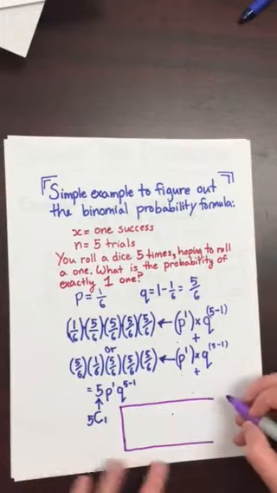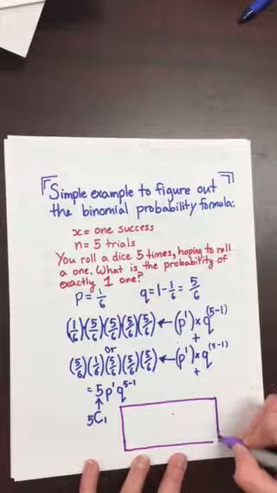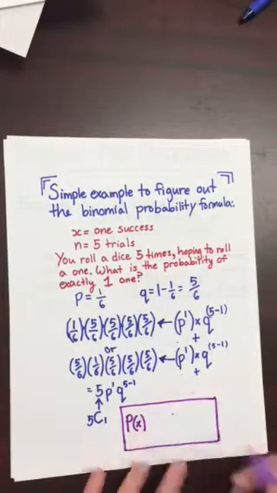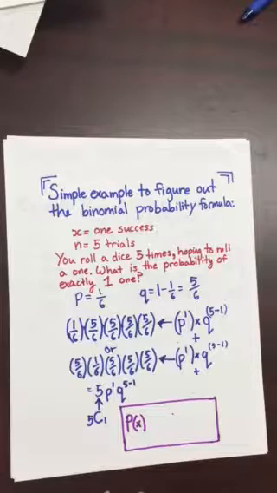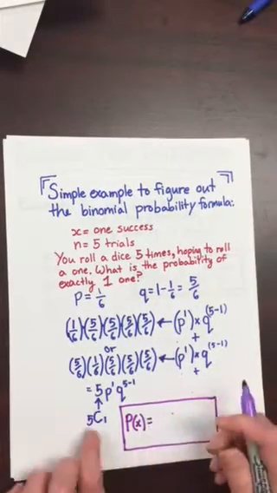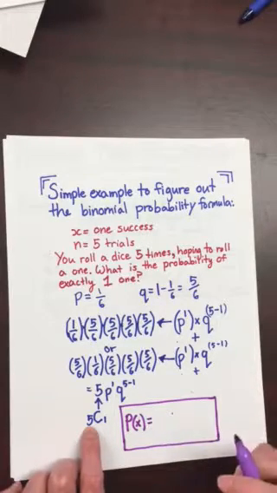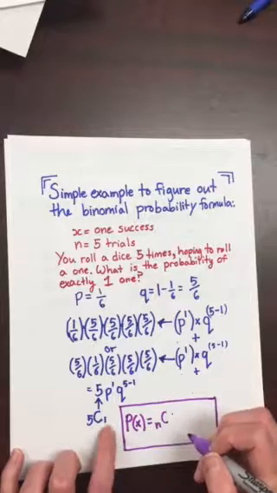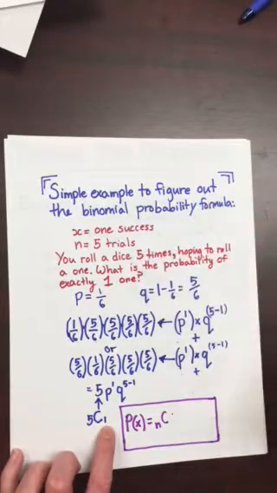This is my binomial probability distribution formula, and it is for the probability of exactly x successes in n trials. So we need to go a bit vague. 5 here, that was the number of trials. So I have n choose, and it was choose 1, but 1 was the number of successes, so that's x.